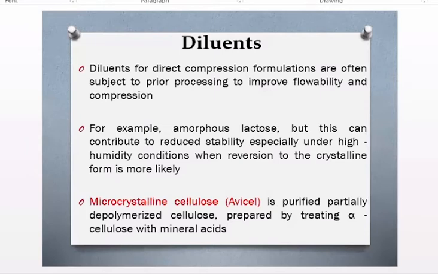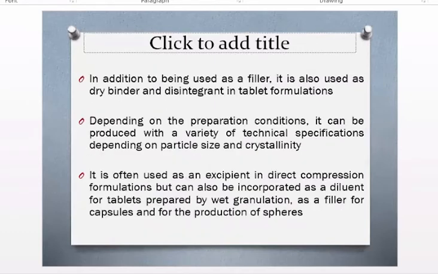So this is another commonly used diluent, and it is used as a filler, as a diluent, but also has special characteristics to be used as a dry binder and also as a disintegrant, depending on the concentration in which it is used.